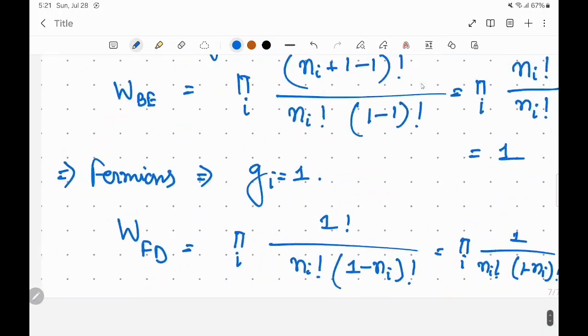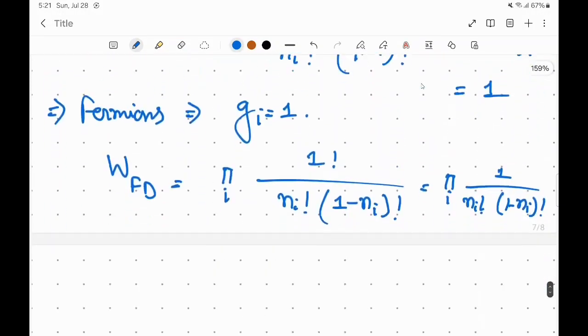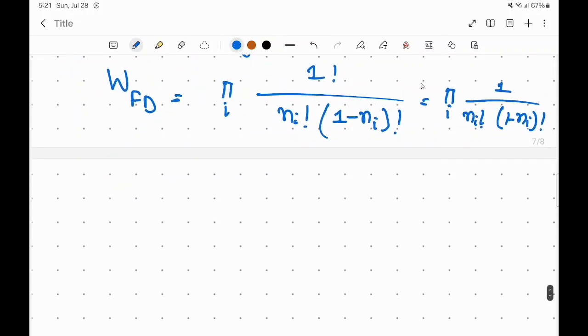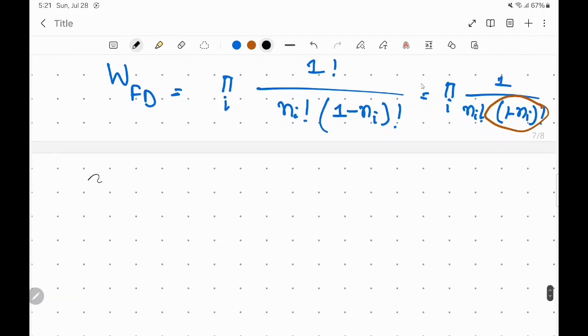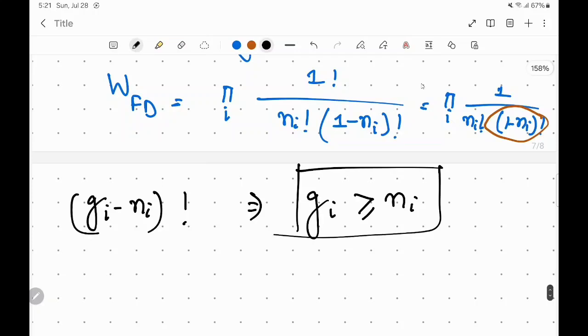But from here also, just look at this term. You can also reduce. This is 1 minus Ni, right? Correct? Now, you know the term was (Gi minus Ni) factorial. What does it mean? Gi must be greater than or equal to Ni. Correct? Why?